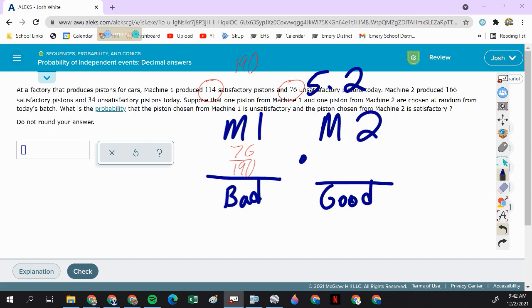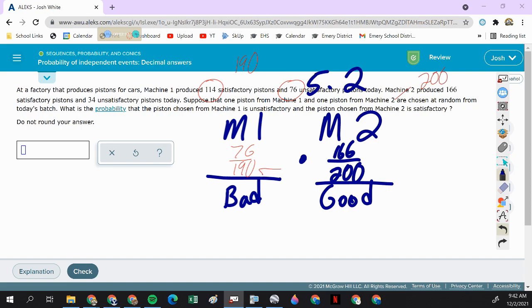Okay? And then with machine 2, we had 166 good ones and 34 bad ones. So machine 2 made 200 pistons. What's the chance that we reach into the box and we pull out a good piston? It would be 166 out of 200. Okay? Do you see that?